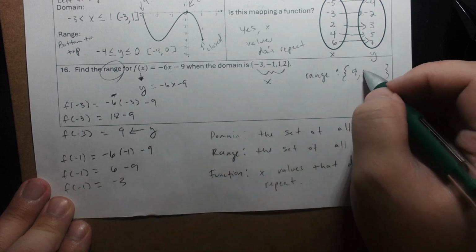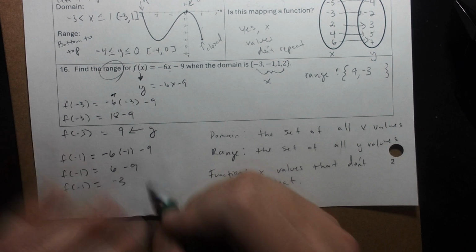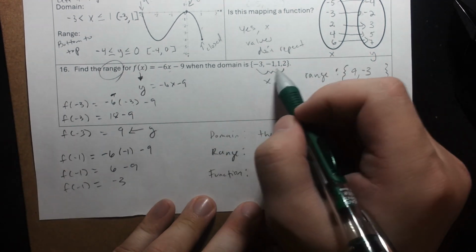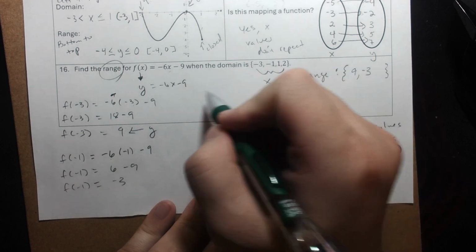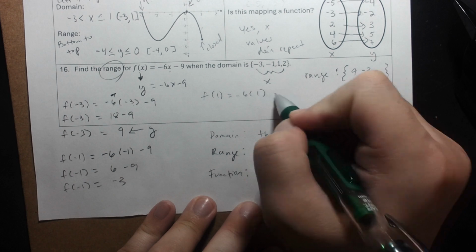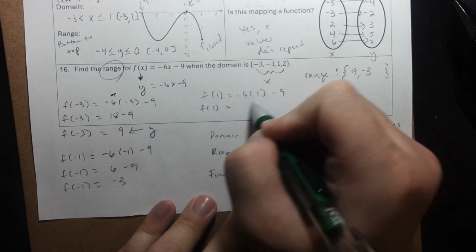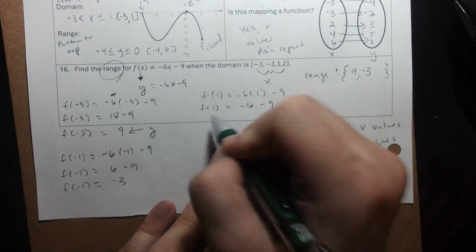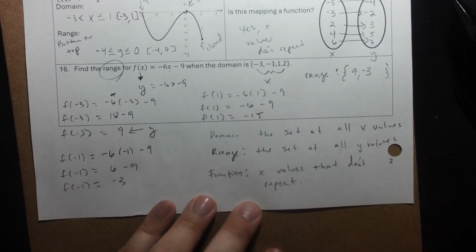Okay, so -3 is going to be part of our range. And then lastly, second to lastly, we have the x value of 1. So f of 1 is equal to -6 times 1 minus 9. So -6 times 1 is -6 minus 9. Okay, so -6 minus 9, that's going to be -15.